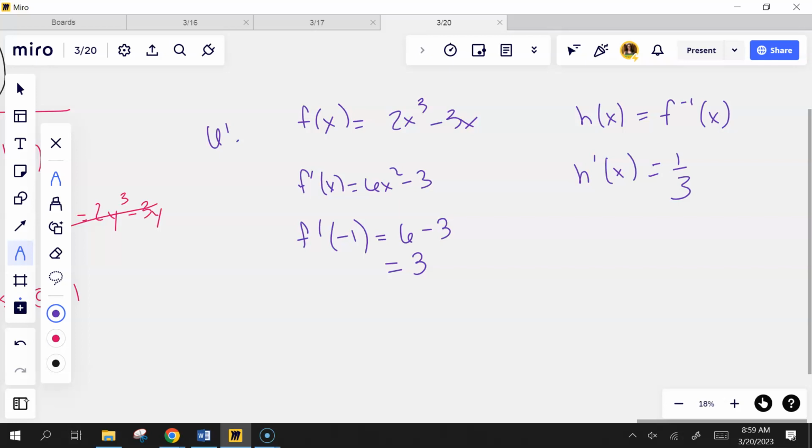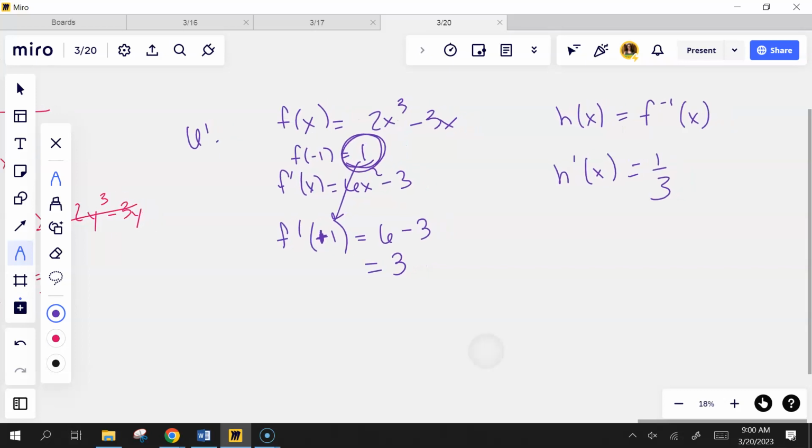But this is actually positive 1. Because you're plugging in the y value because of the inverse, right? Does that make sense?